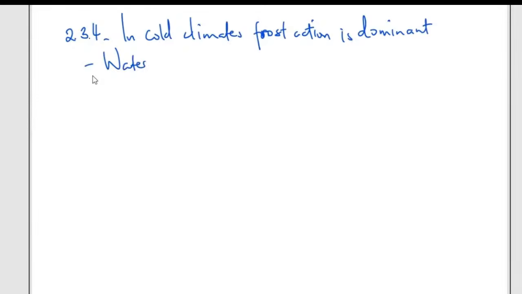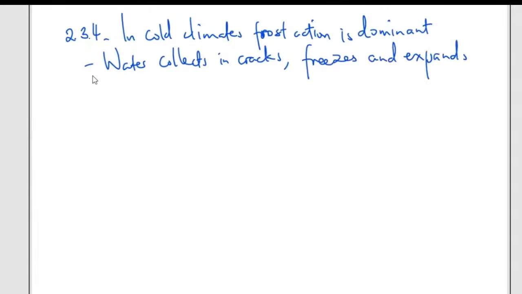Water collects in cracks. And then during the night, it freezes and expands. Because of the excessively low temperatures, the water that is collected in the cracks is going to freeze and expand. And as it expands, it gradually widens the cracks.